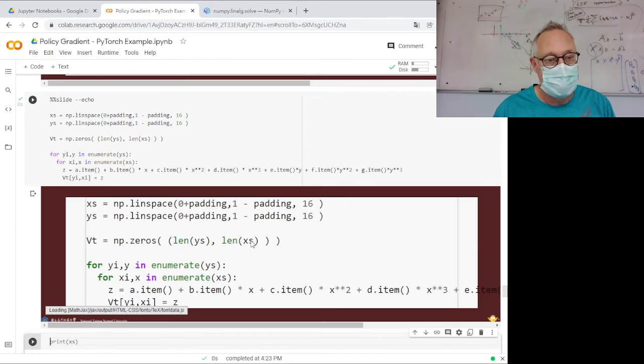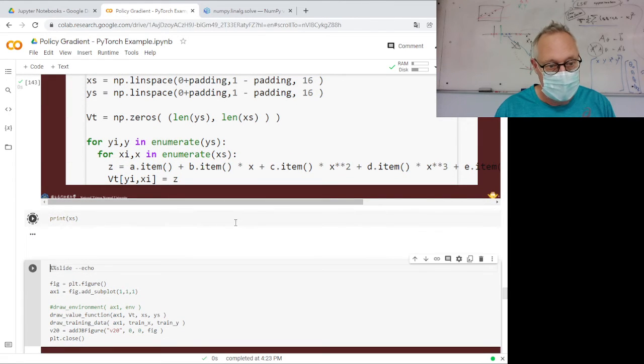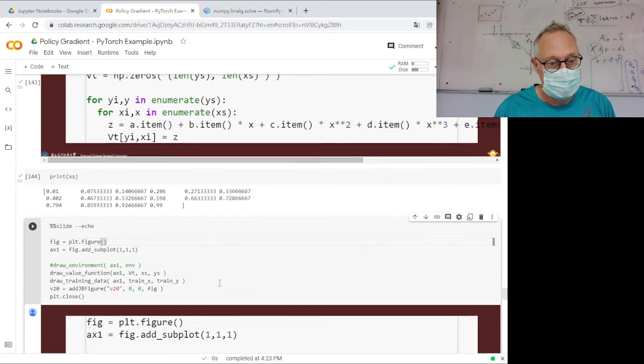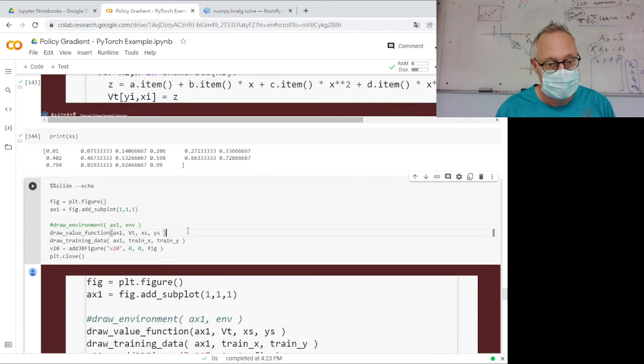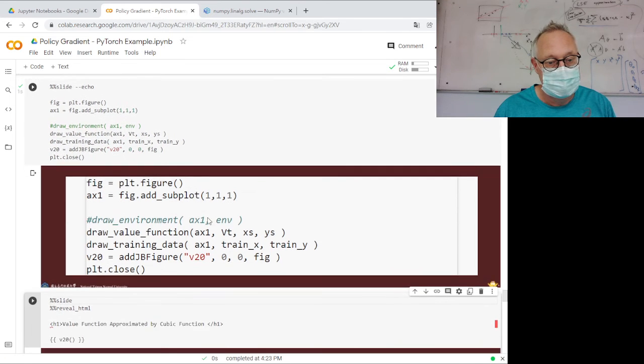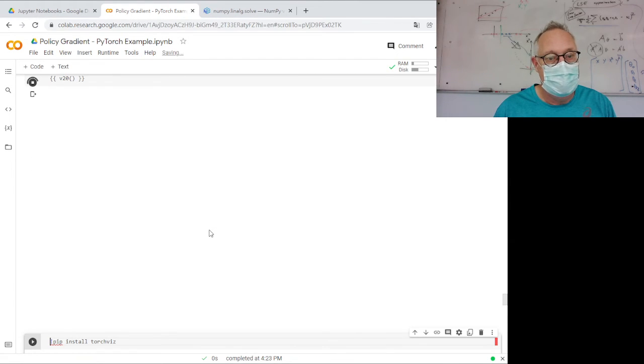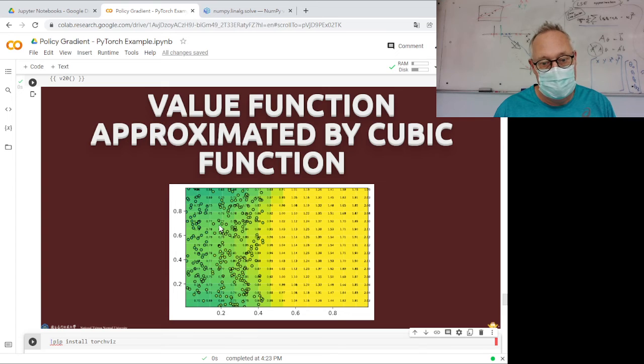So then let's plot that function. Here our approximation is using cubic functions.